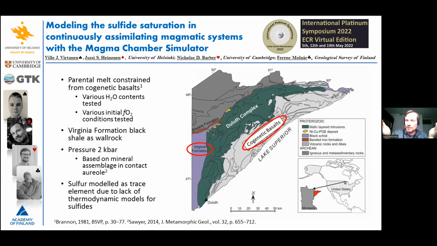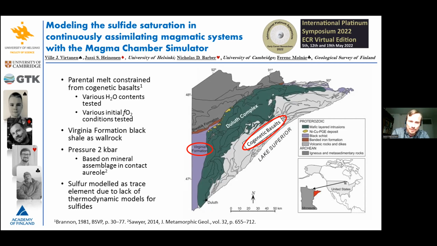A very common way of working with MCS is that you try changing the parameters a little bit and see if there are any major changes. If there are not, then those parameters are probably not that important and you can move forward. And we found the ideal water concentration and oxygen fugacity in producing the rocks that we actually see in the Duluth Complex. So that's how we defined the parental melt composition.